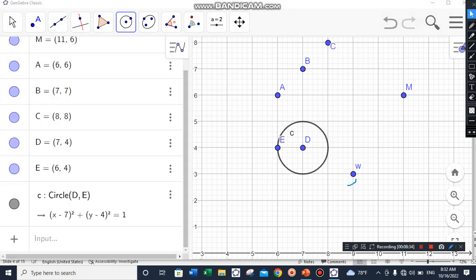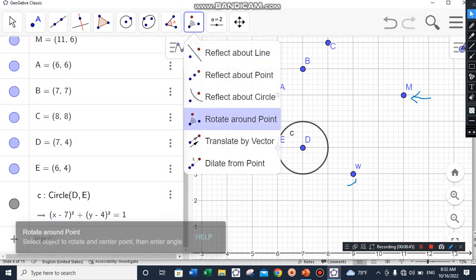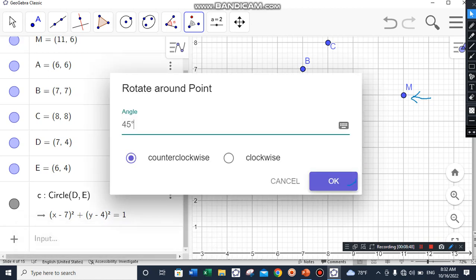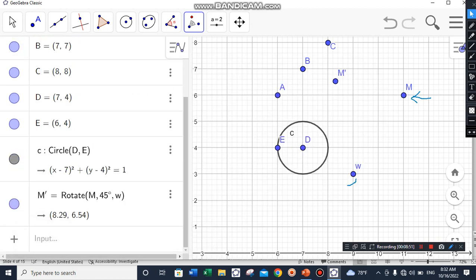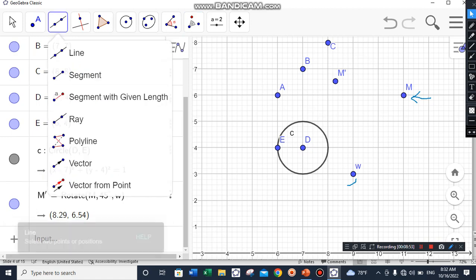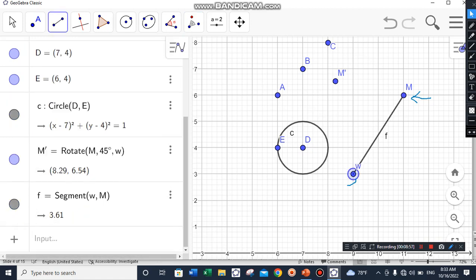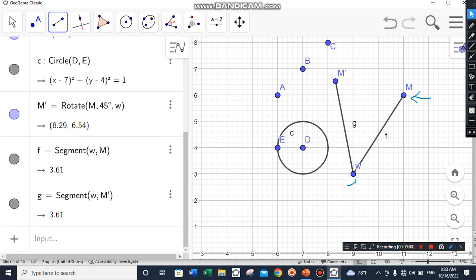So I want to rotate point M around center W, so I go here to rotate around a point, choose M and W, angle say 45, and you get its image M prime. So here you have WM rotated to WM prime. As you can see, the angle between them is alpha, and the two arms are equal.